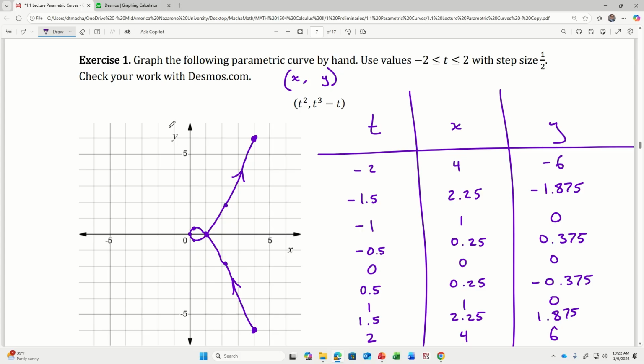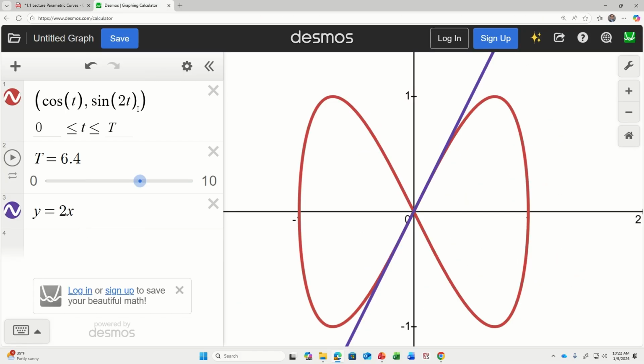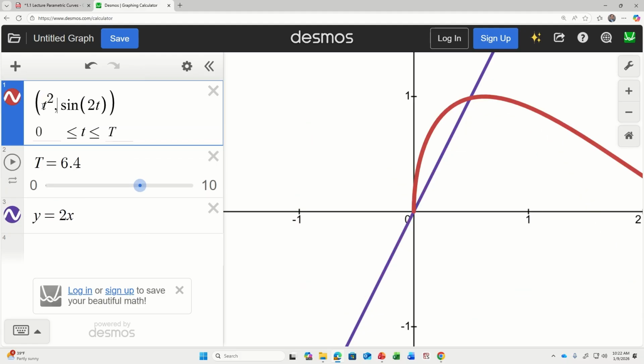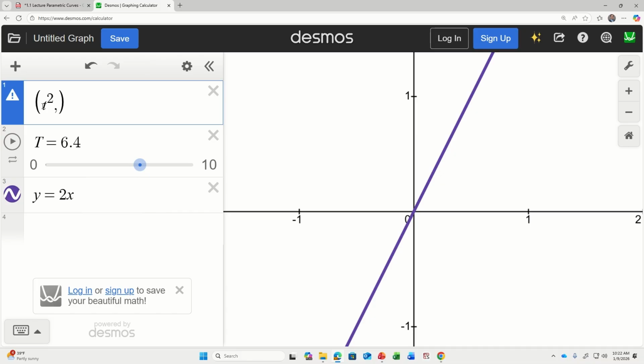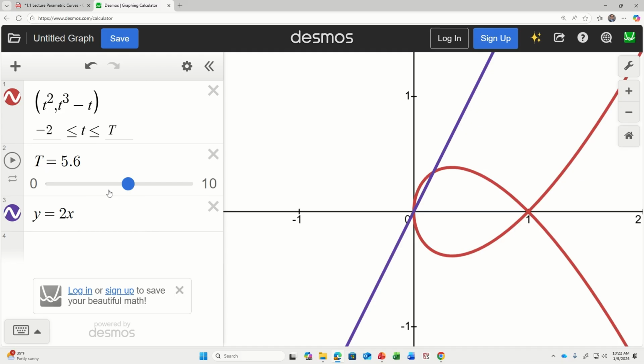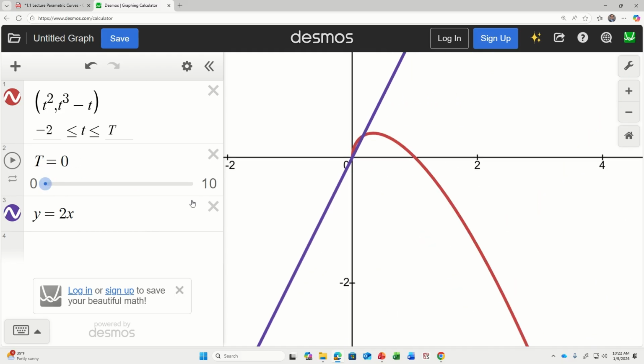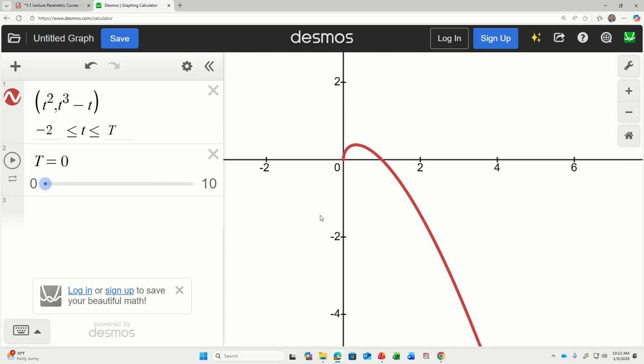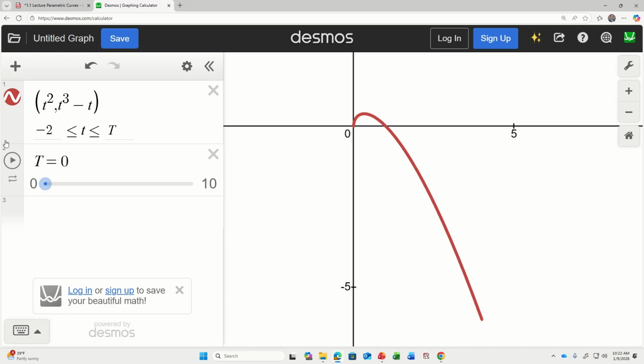Again, let's check our work. And I want t to go from -2 to +2. So that's how it looks if I plot everything from -2 to 0.